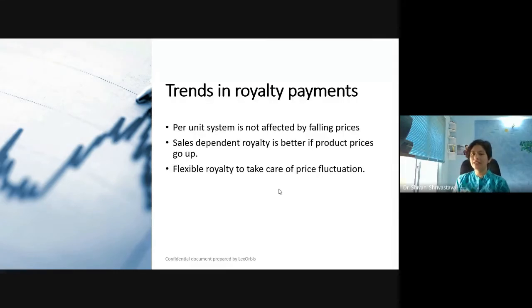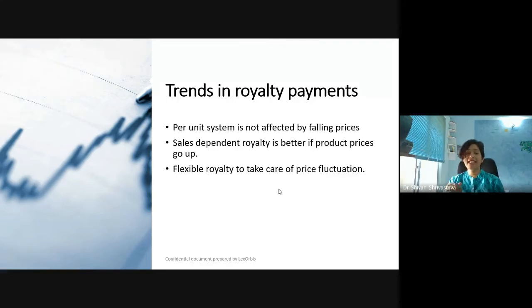There are also trends in royalty payments when we are talking about a per unit system, or per product sold in the market. It is not affected by falling prices, because I'm getting the royalty based on the number of products being sold in the market by the licensee.